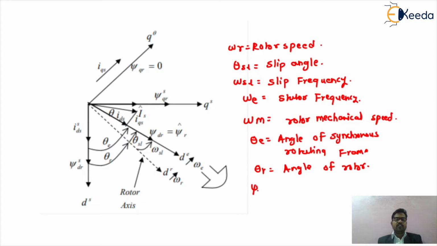Similarly, we have psi dss, the d-axis stator flux linkage, and psi dr r, the d-axis rotor flux linkage.